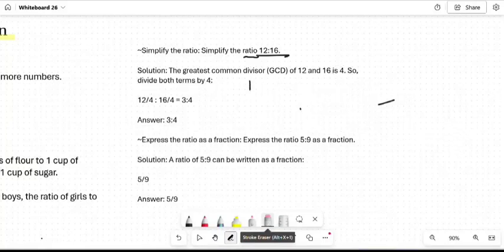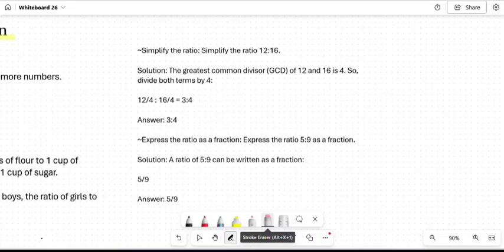Now let's go for one more question, which is express the ratio as a fraction. Express the ratio 5 is to 9 as a fraction. Now let me repeat again: 5 is to 9 as a fraction.